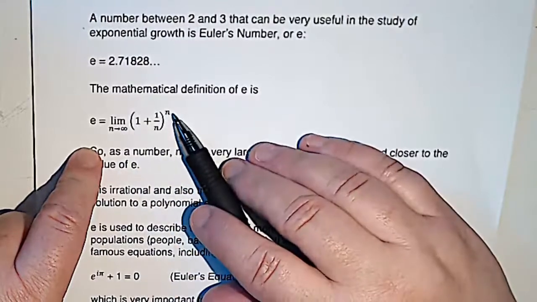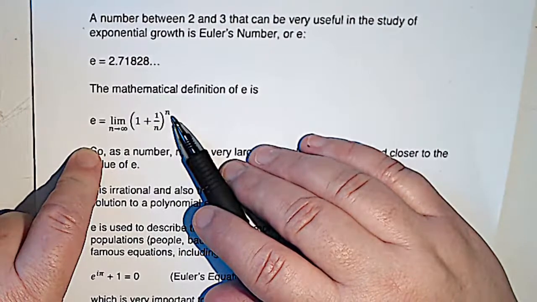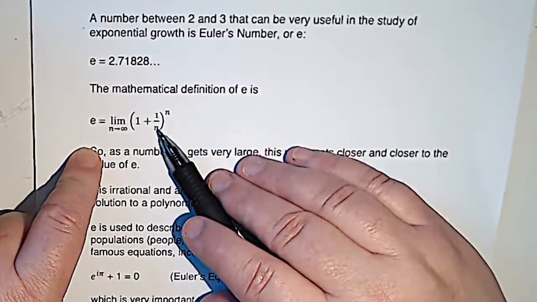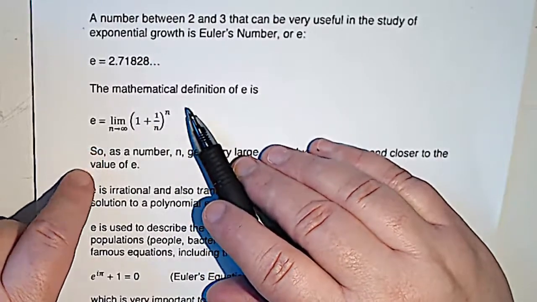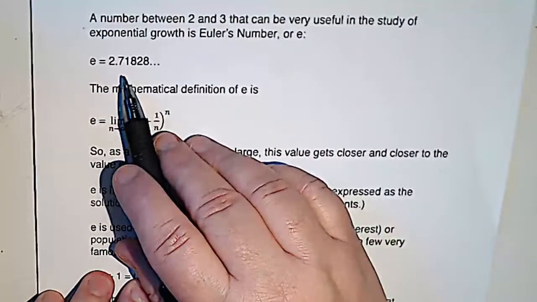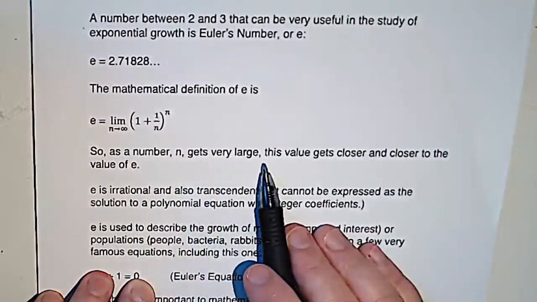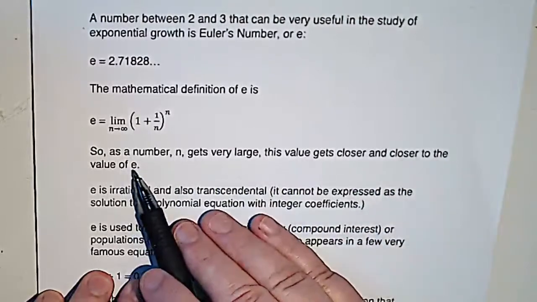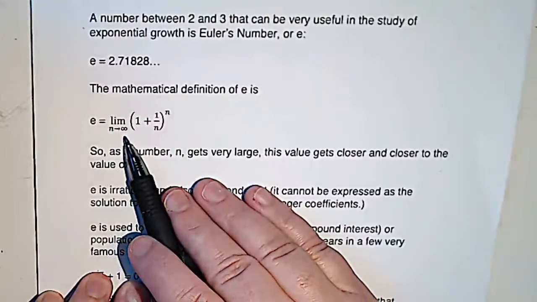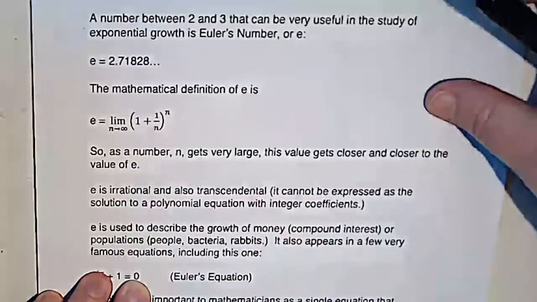That is an exponential function, but there's also something else going on, that this little fraction is getting smaller while the exponent gets bigger. And the really cool thing is the two of them work together and we end up with this number. As n gets very large, this value gets closer and closer to the value of e. So that's why the limit as n, and we don't actually plug in infinity. We just say n is getting very large without bound.